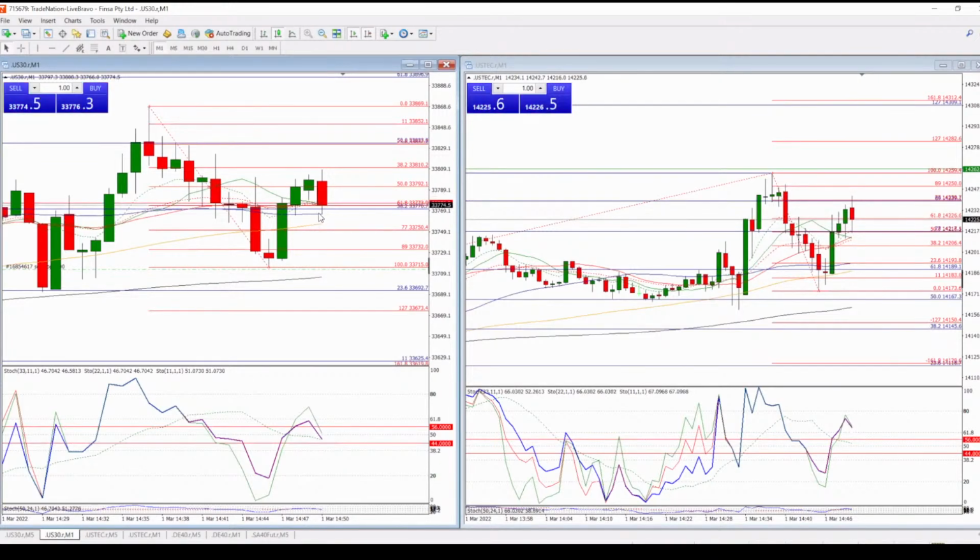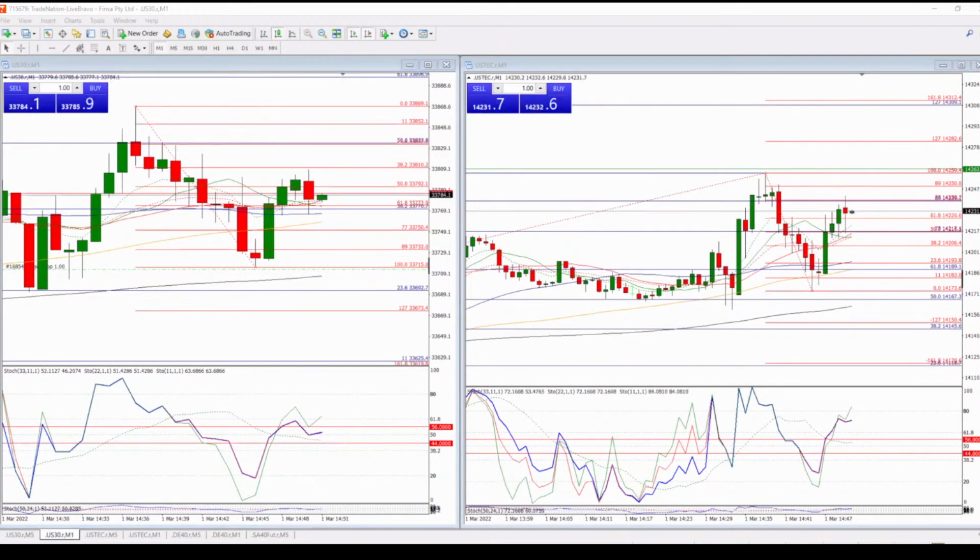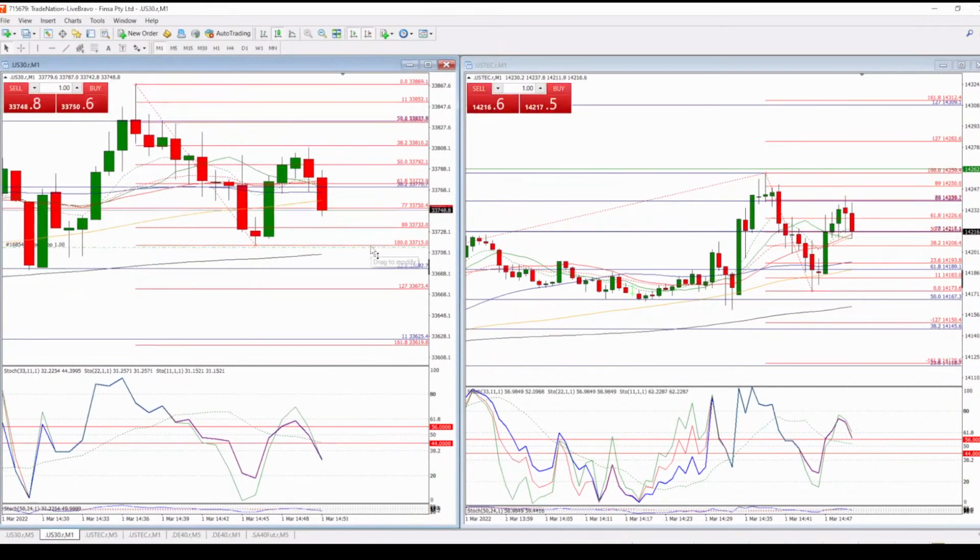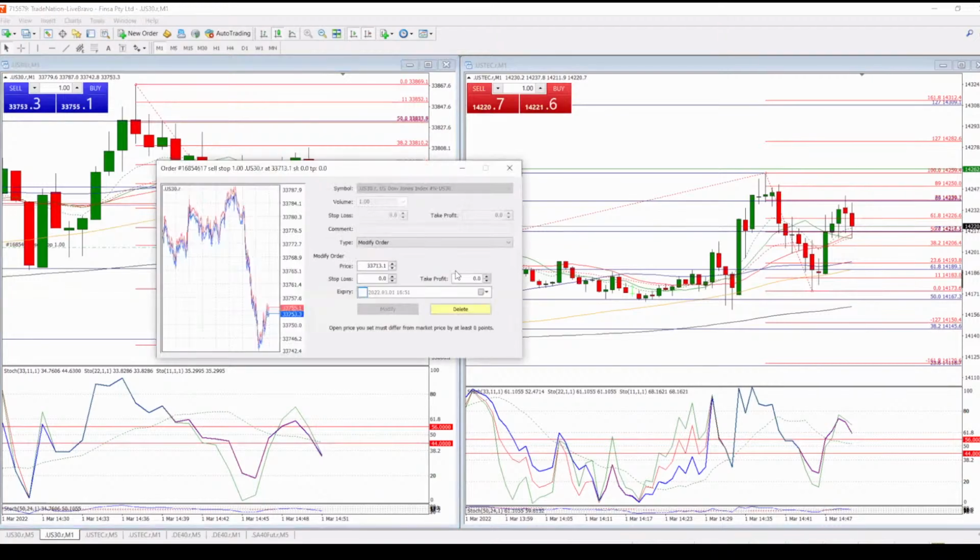Finding some support, 50 moving average on 1. Also finding some support of the 89 of the 5-minute Dow. Starting to push down. Modify this.